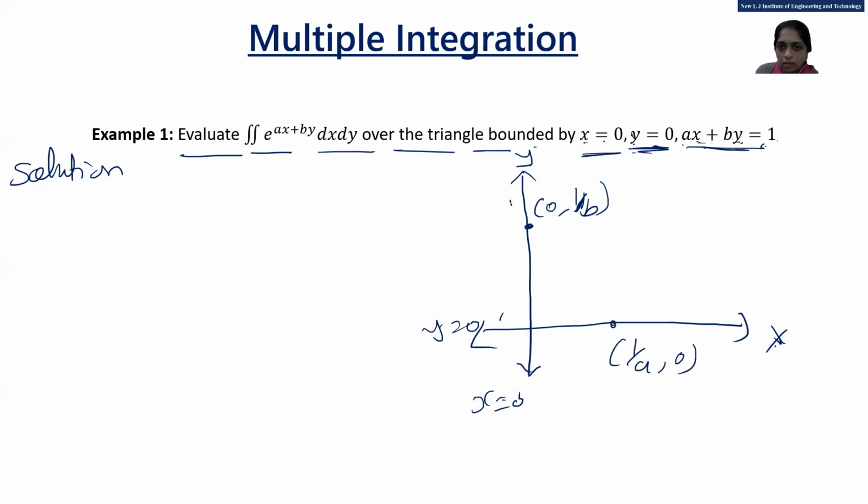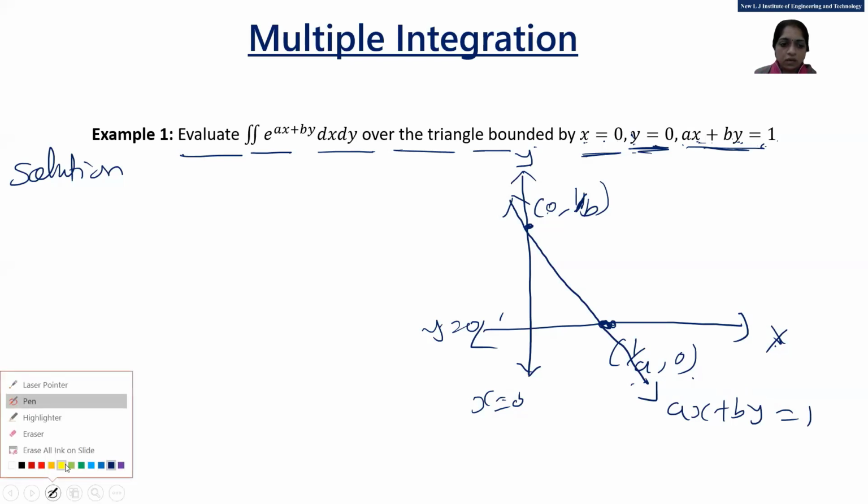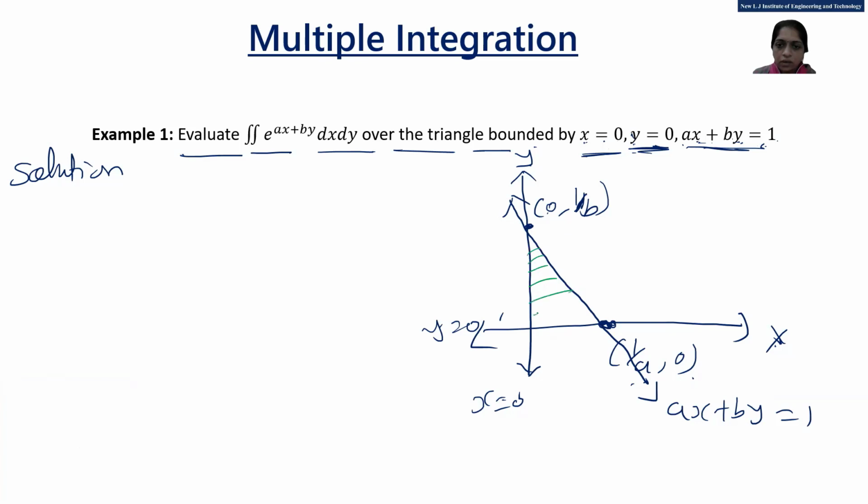So y is 0 and x is 1 upon a. So these are 2 points: 1 by a, 0 and 0, 1 by b, and this line is ax plus by equal to 1. Okay, so this is our region. This is P, Q, R.